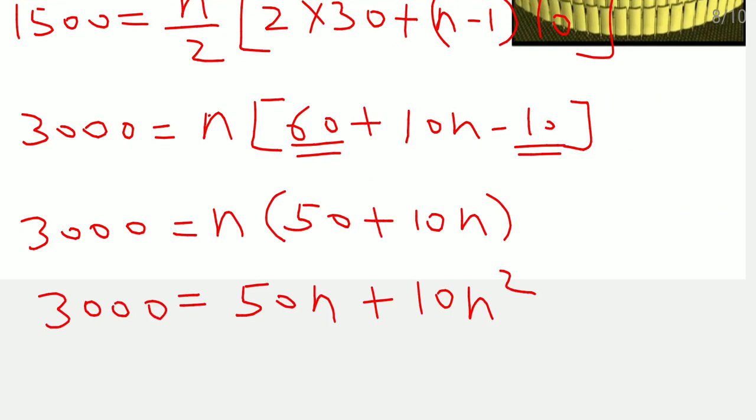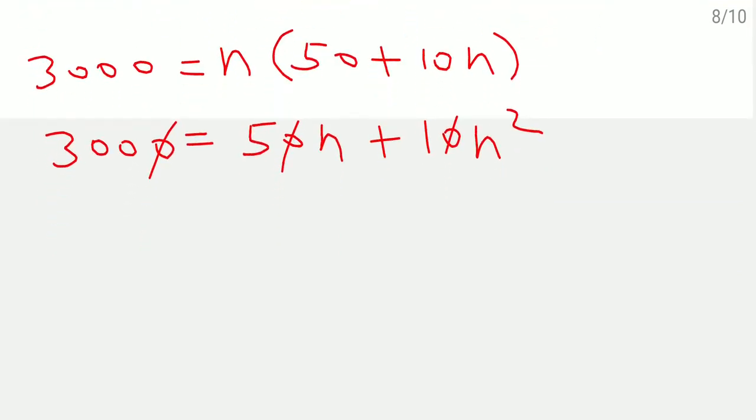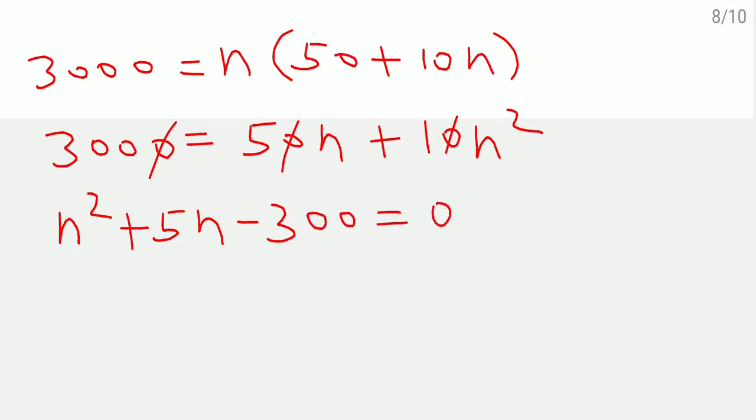Now one thing you just observe. In this quadratic equation, if we divide it by 10, so these zeros will get cancelled. Okay. So I'll write down the quadratic equation in the simplest form. That is n square plus 5n. This 300 will go that side. It will become minus 300, which is equal to 0. This is our quadratic equation.